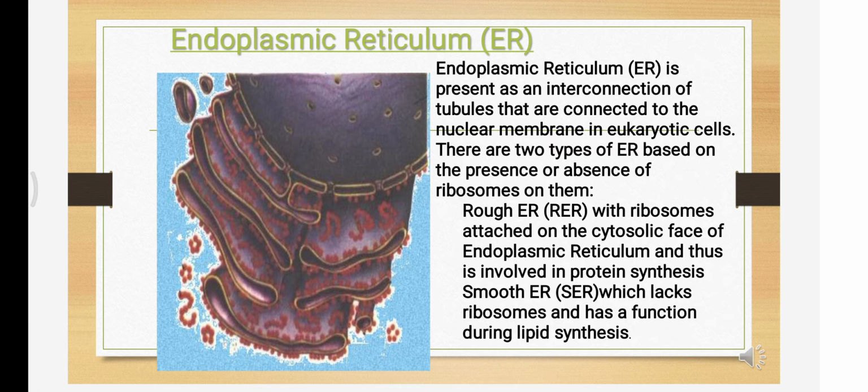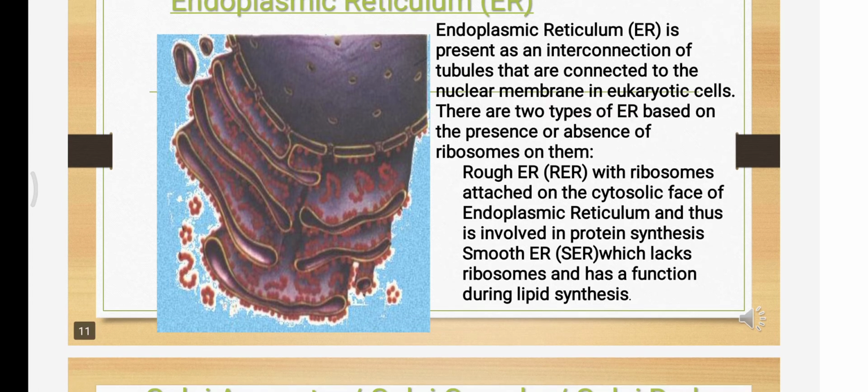Rough ER has ribosomes attached to the cytosolic phase, and thus is involved in protein synthesis. Smooth ER lacks ribosomes and has a function in lipid synthesis.